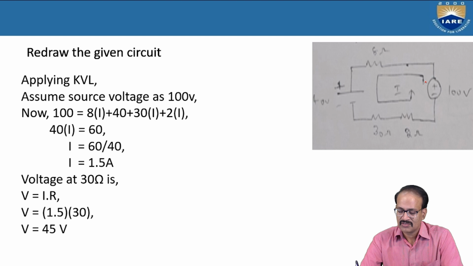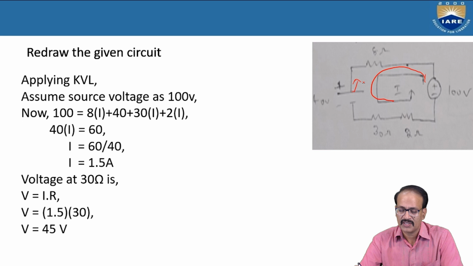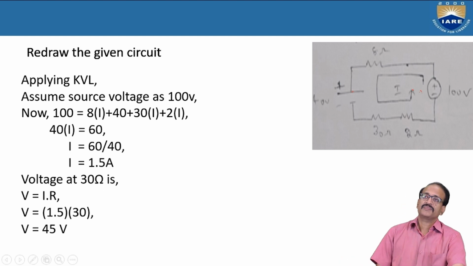The current will start from this positive and go like this. This is also a source, so the current also starts from here, which opposes the main source current. So we will take it as opposing. We cannot add, so it will be on the opposite side.